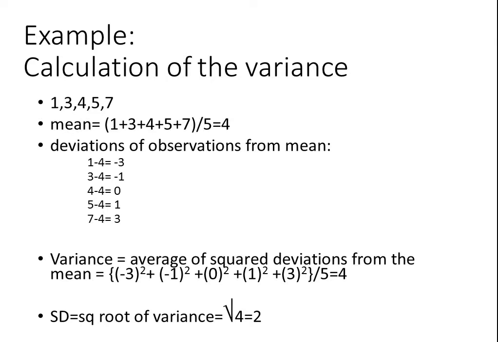So before calculating some kind of average deviation, we square each deviation value. So variance is the average of squared deviations from the mean. And standard deviation is as simple as the square root of variance.